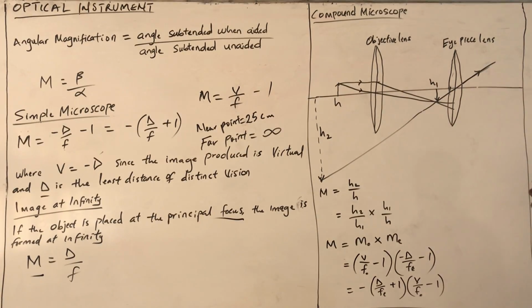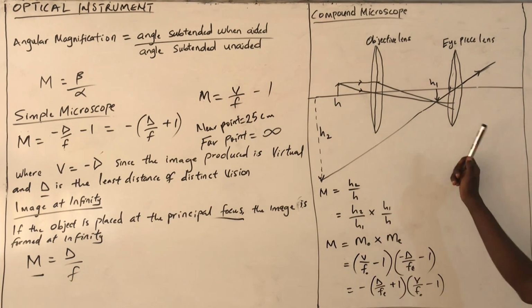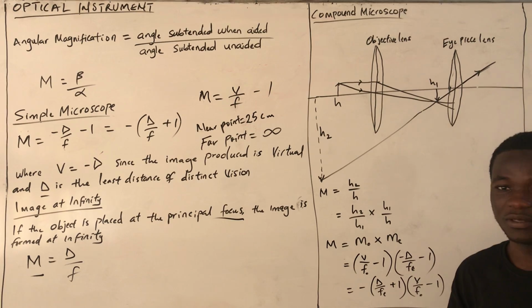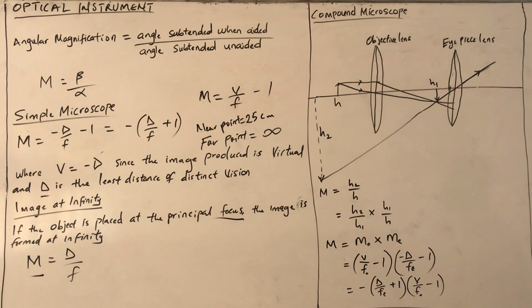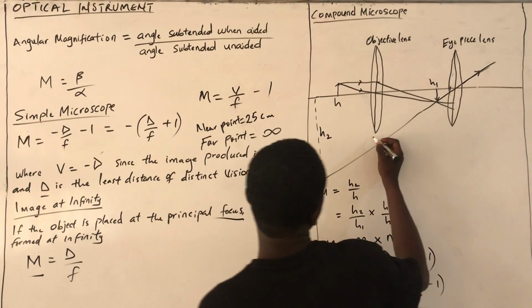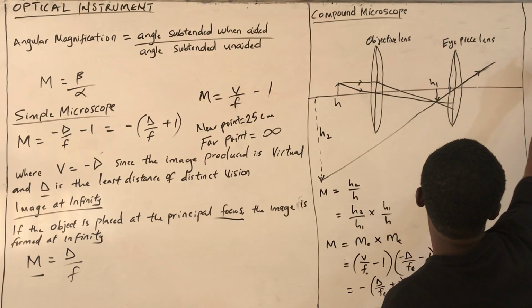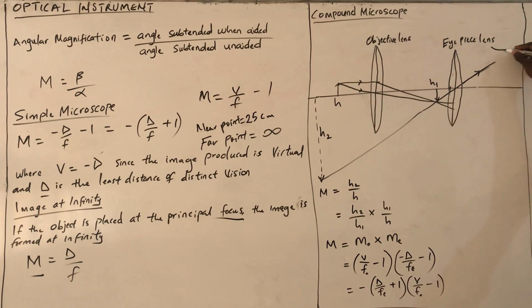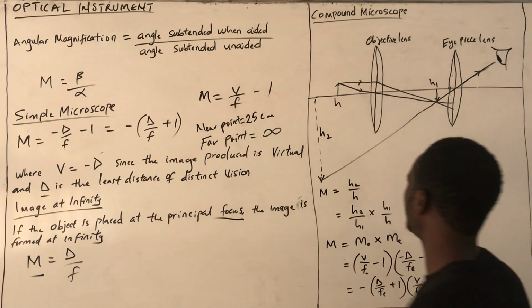Now the compound microscope uses two lenses of very small focal length. Let's say this is where the eye views the object.